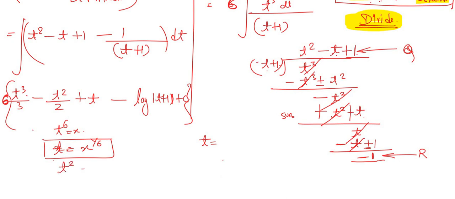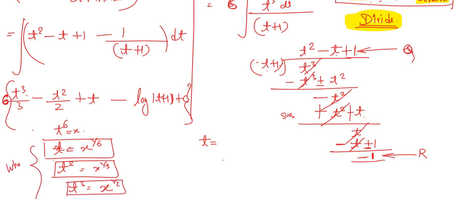So what will be t square? x raised to power 1 by 3. And what will be t cube? x raised to power 1 by 2. You can write down where t is x raised to power 1 by 6, t square is this, and t cube is this. So if you put everything here, you will get the answer. Okay? So you can put everything here and get the answer.